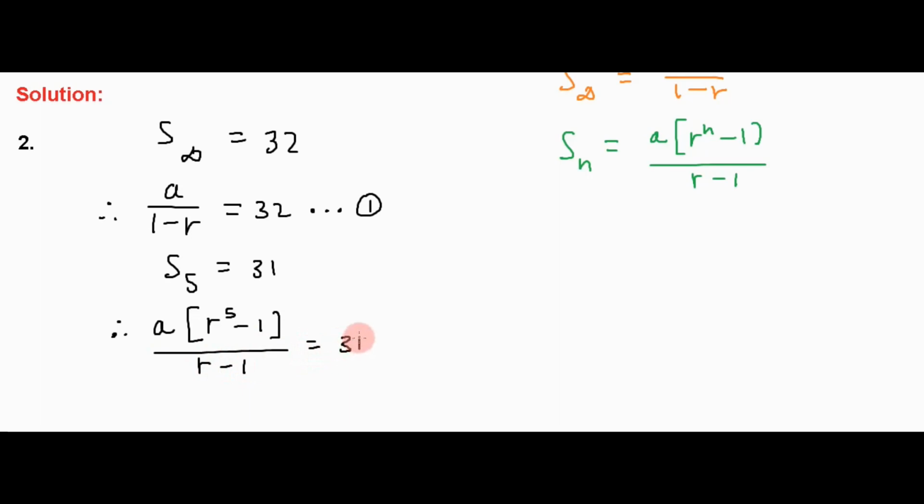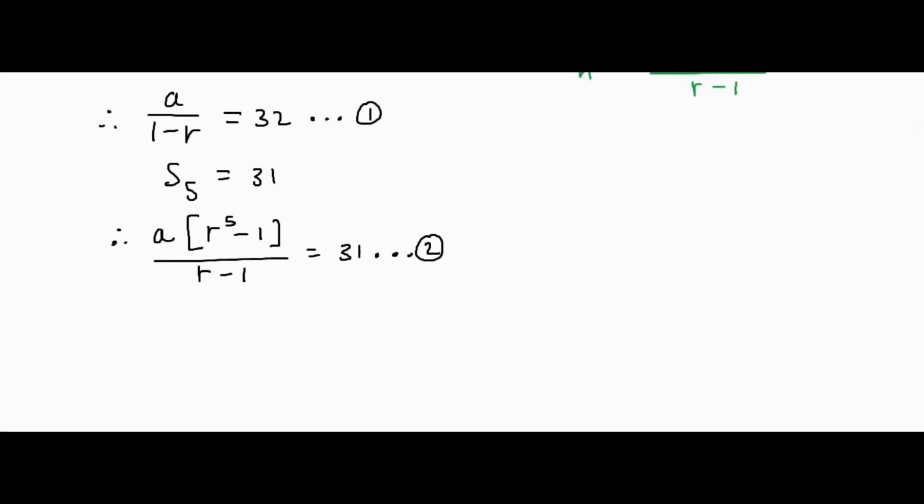This is equal to 31. And we can call this equation 2. We want to solve these two equations simultaneously. So once again, we can divide equation 2 by equation 1.